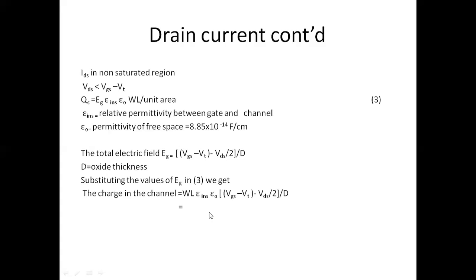So when we substitute this in the expression for QC, we get QC equal to this expression. So now QC by tau gives IDS.